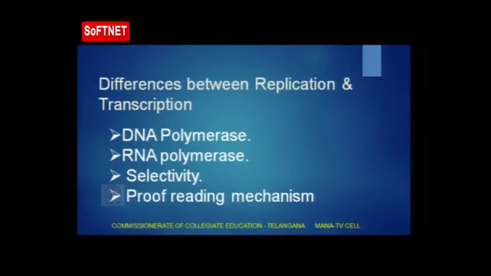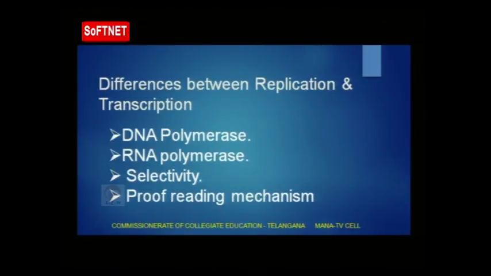But DNA polymerase 3 is involved in replication. This single DNA polymerase 3 will replicate the two strands of the DNA molecule. So that is one difference: in replication, DNA polymerase is involved, and in transcription, the enzyme involved is RNA polymerase.